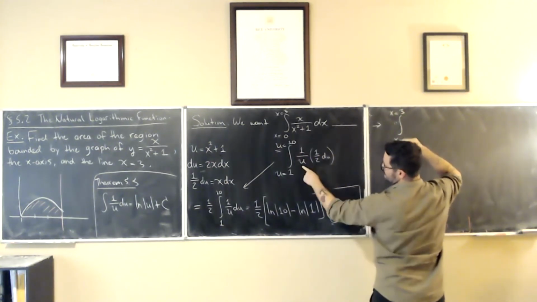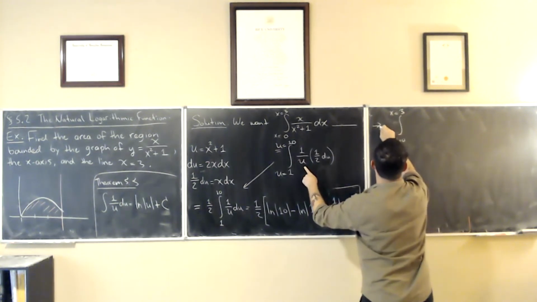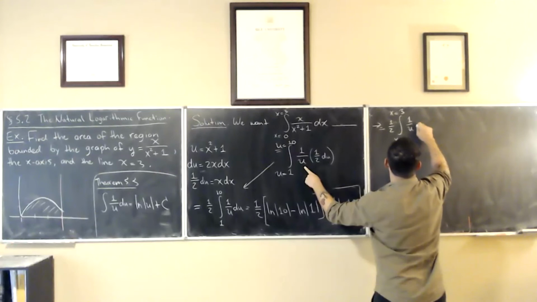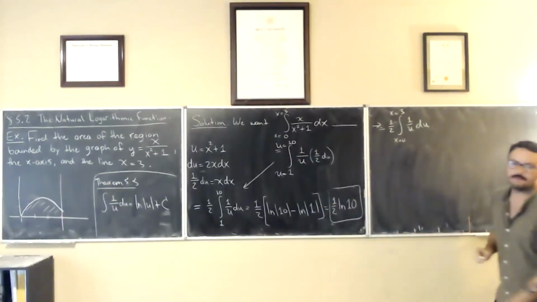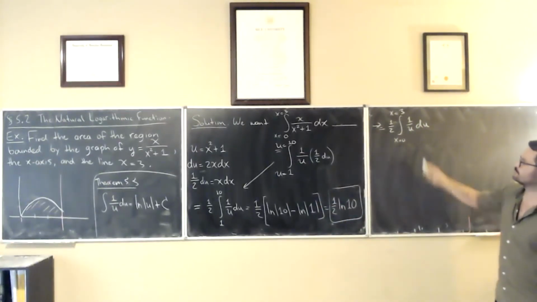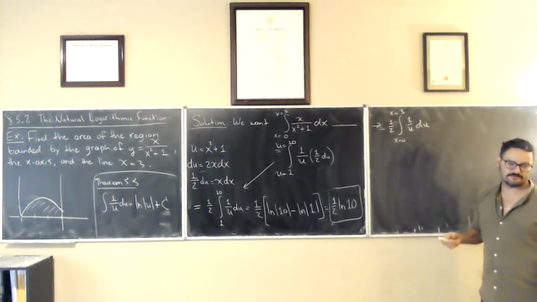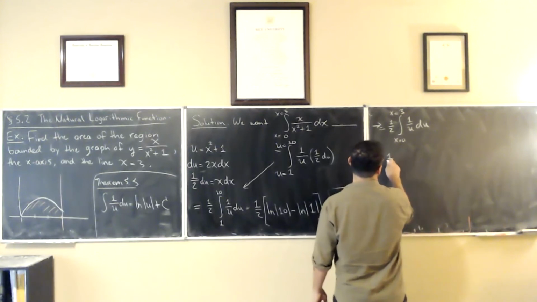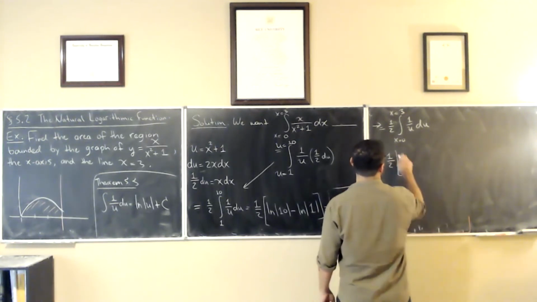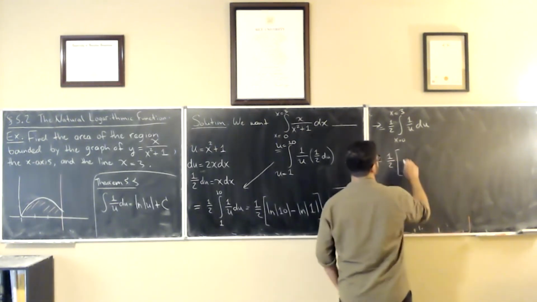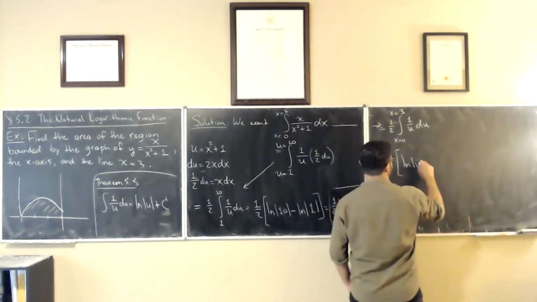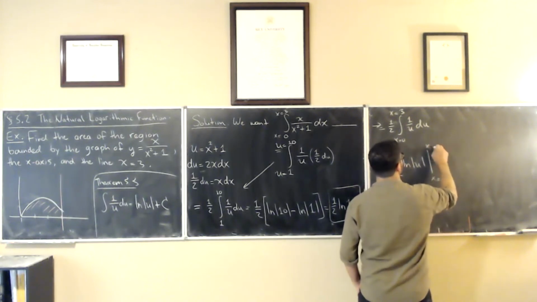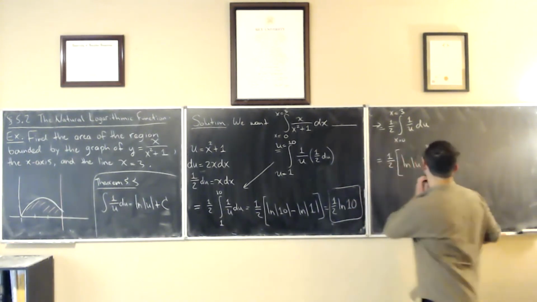But now we did the substitution, right? So 1/2 whatever u du, right? So suppose we left the limits of integration at 0 and 3. So then this would become 1/2 natural log absolute value of u evaluated from x equals 0 to x equals 3, right?